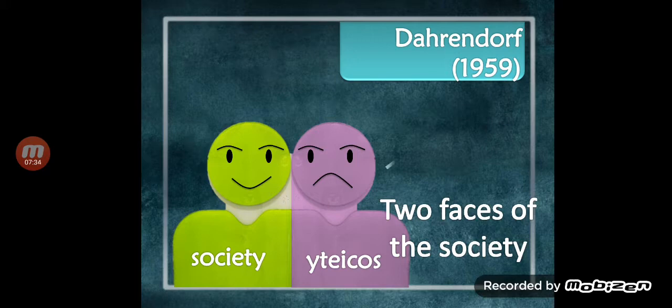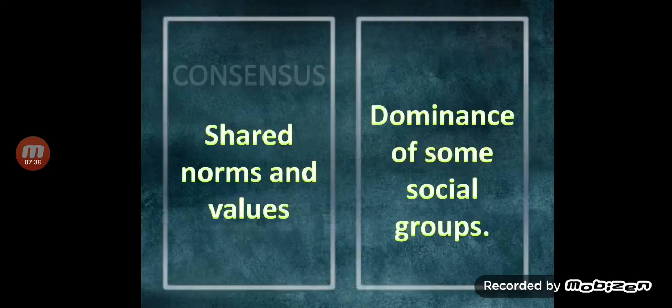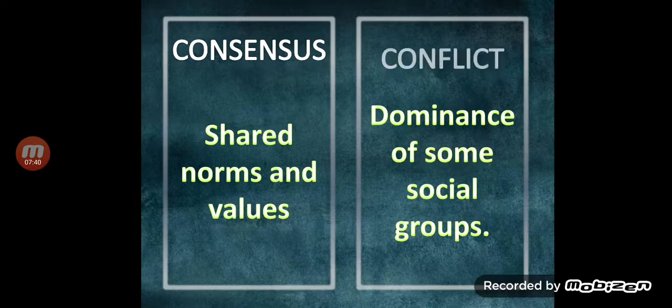Okay, now let us differentiate the two. Consensus, you share the same norms and values, like in your families. If you are harmoniously living with one another, and there is no such thing as trouble or problem, and you are sharing the same norms and values, there is always consensus.